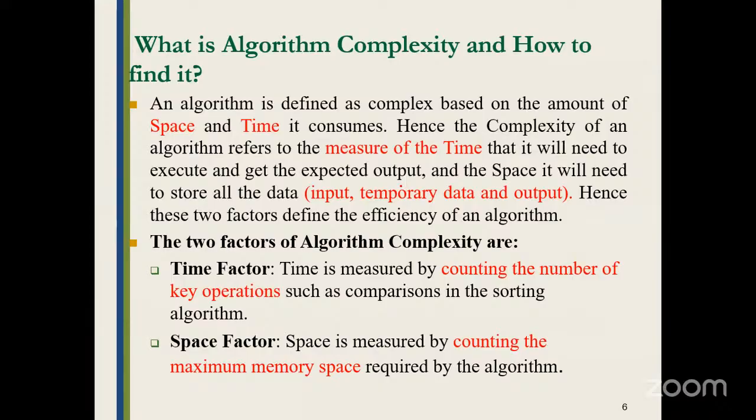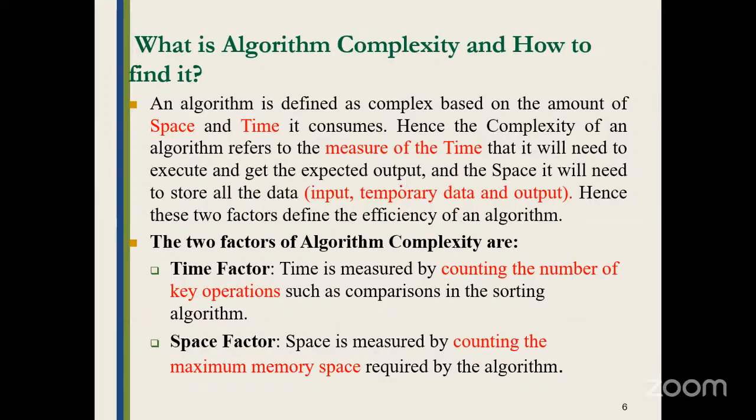The two factors of algorithm complexity are the time factor and the space factor, as we covered. Time is measured by counting the number of key operations, such as comparisons in sorting algorithms. Space is measured by counting the maximum memory space required by the algorithm.